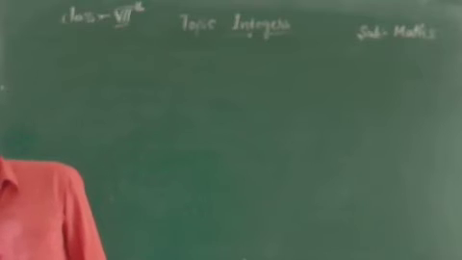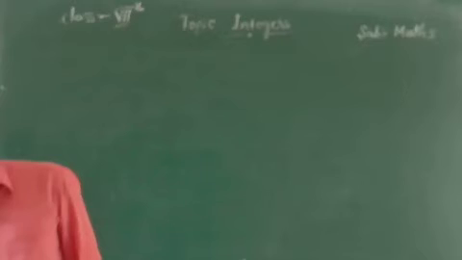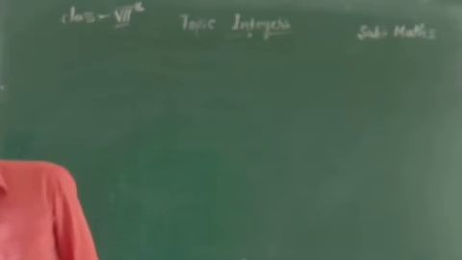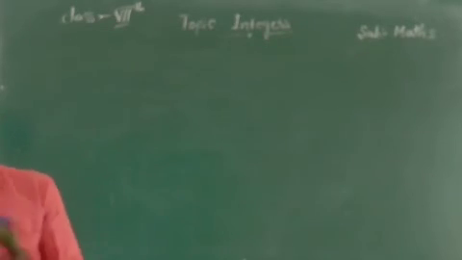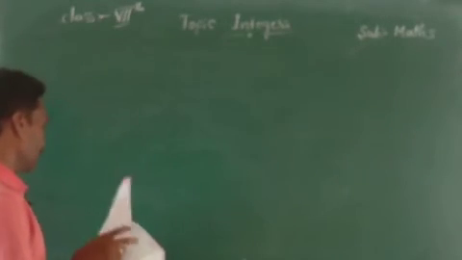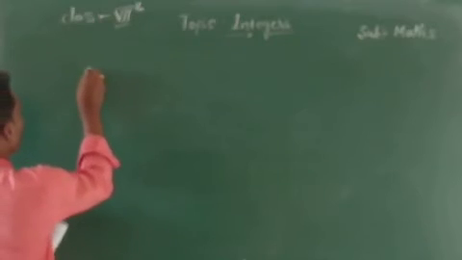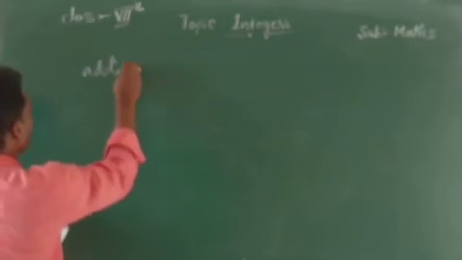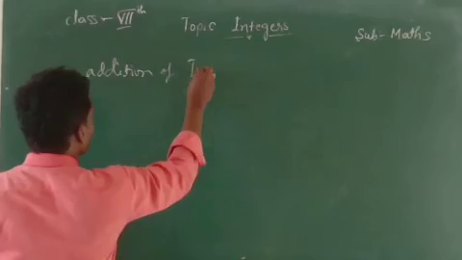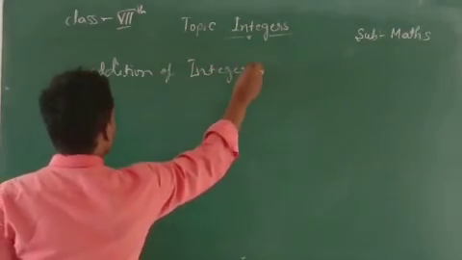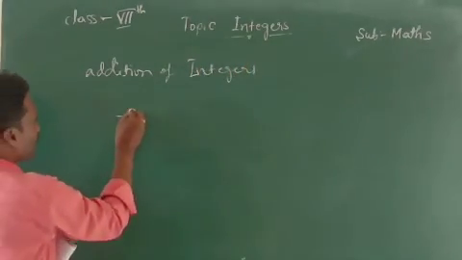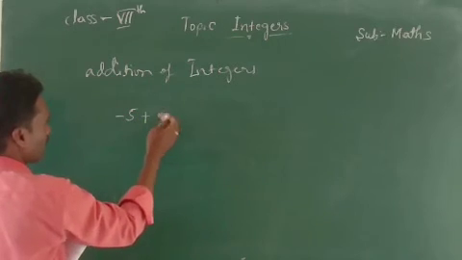So some examples we can see. Addition of integers: minus 5 plus 6.